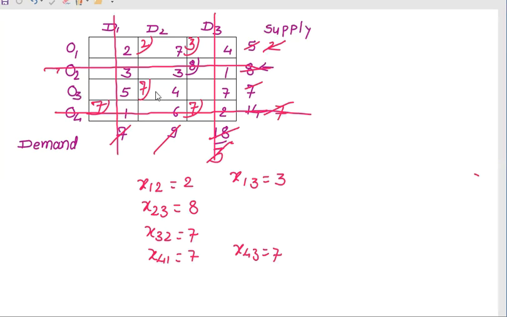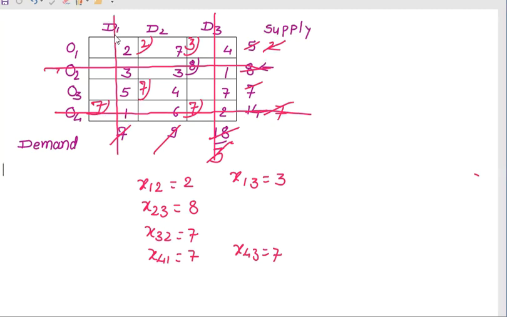Similarly, third row, 7 units are transported from the third factory to the second warehouse and 7 units are available in this factory. Now from the fourth factory, 7 units are transported to the warehouse D1 and 7 are transported to the warehouse D3. So 7 plus 7, 14 and 14 units are available at this factory. So the row requirement is satisfied.